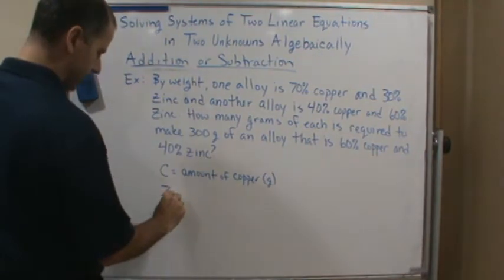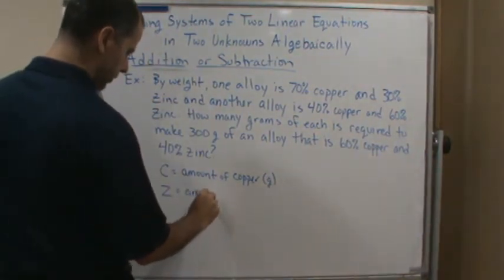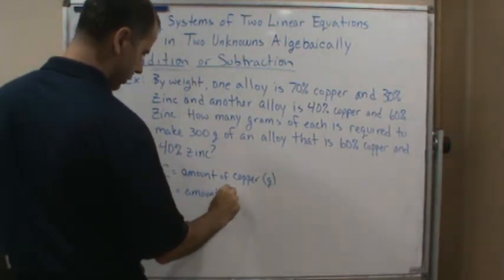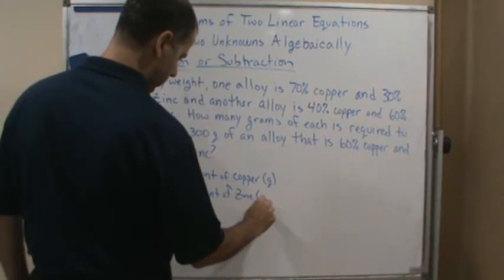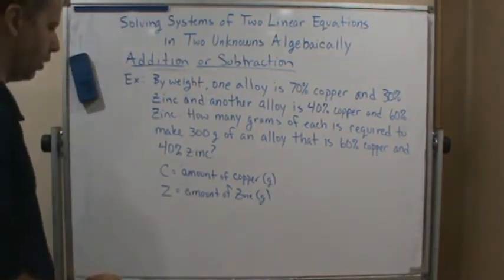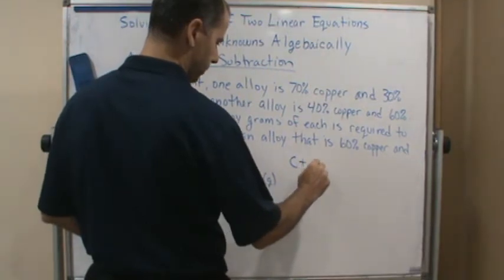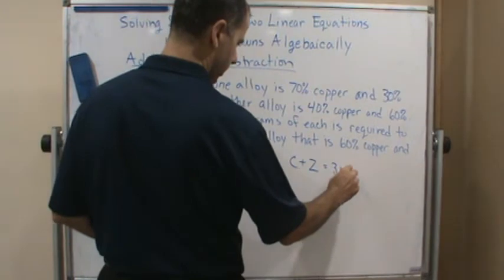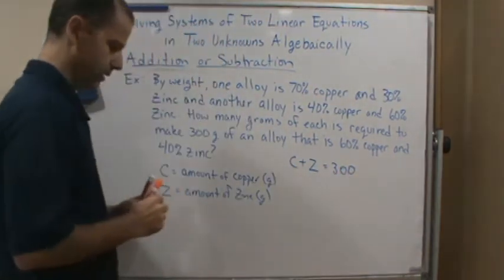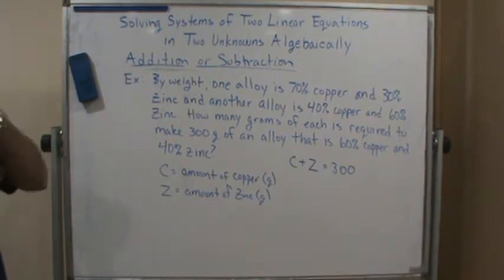And we'll say Z equals the amount of zinc in grams. And so we know that our first equation is going to have to be C plus Z equals 300. Okay, so that's one equation.